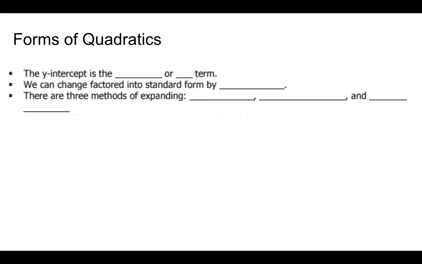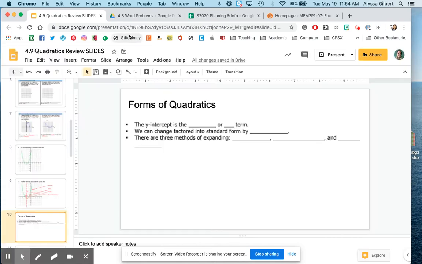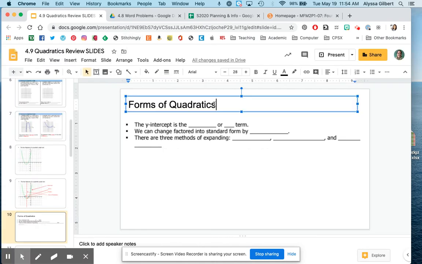Okay, what else did we do? Well, we looked at different forms of quadratics. So if we look at standard form, let's put standard form here. Standard form is y equals ax squared plus bx plus c.